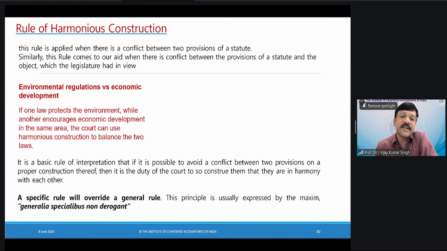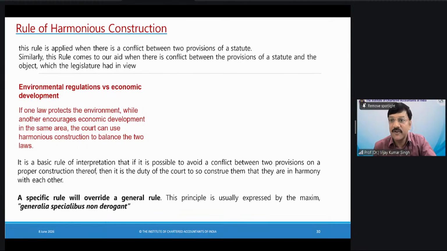If one law protects the environment while another encourages economic development in the same area, the court can use harmonious construction to balance the two laws. And this has happened in, I think, the Bustard's case, which the Supreme Court dealt with, I think in Rajasthan, wherein solar panels were to be installed in deserts, and these birds called bustards used to fly and migrate there. Environmentalists filed a case before the court, and they said that it is going to affect the ecology.